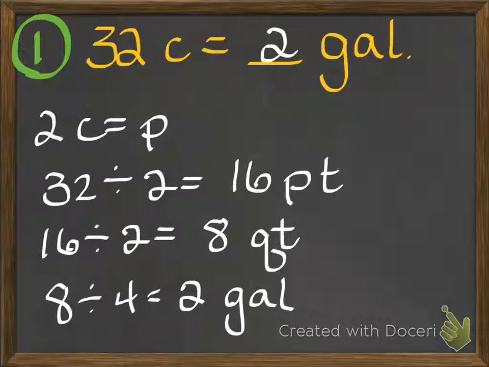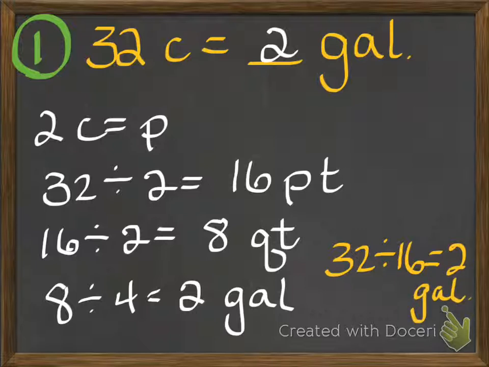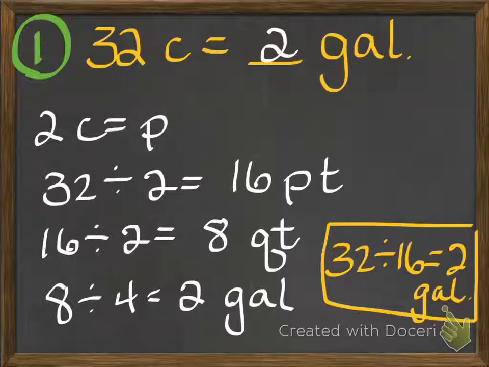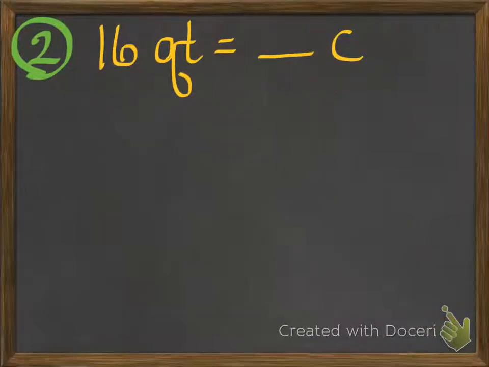So I could have taken 32 and divided by 16, and that equals 2 gallons. Okay? Either way is fine. I still come to the same answer, that 32 cups equals 2 gallons. Let's try number 2. 16 quarts equals how many cups?